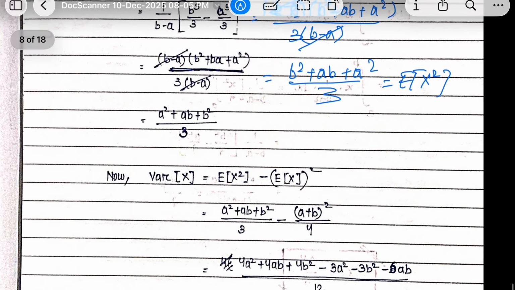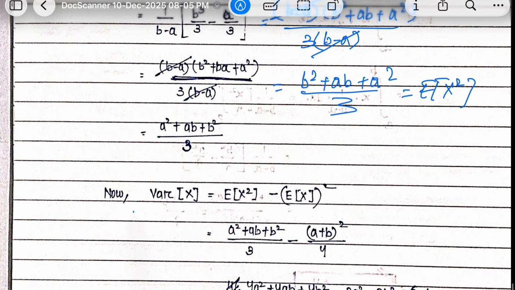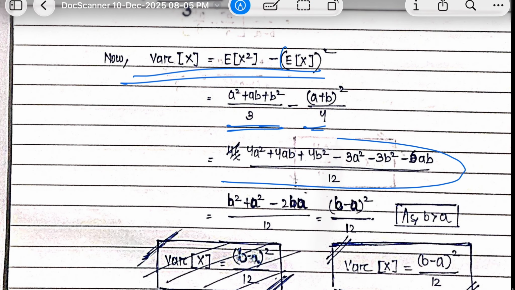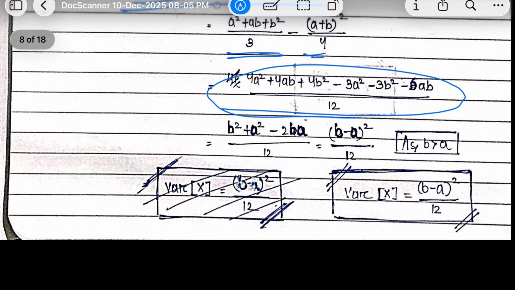So put the value of the expectation in the formula: expectation of x square minus the expectation of x, whole square. So we are getting this, and the next part you do by yourself.